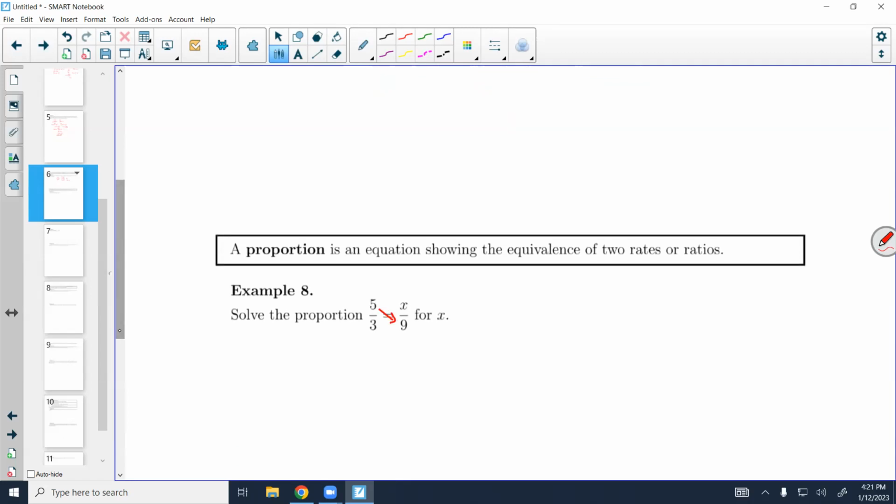So I take 5 times 9. Five times 9 equals 3 times x. So 45 equals 3x. Divide both sides by 3, we get x equals 15. Any questions?